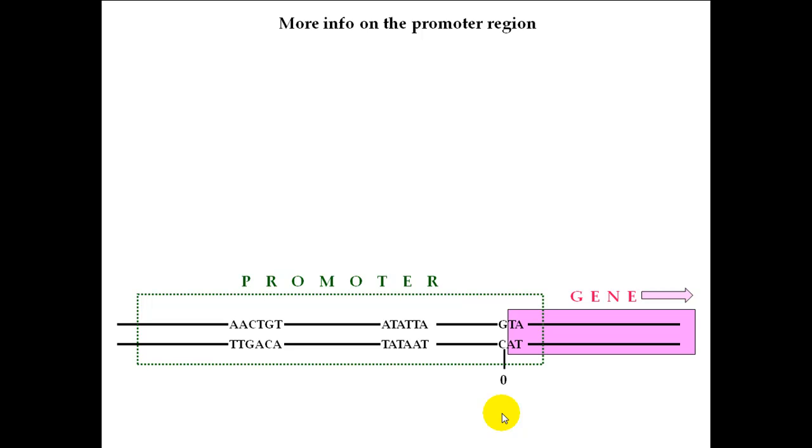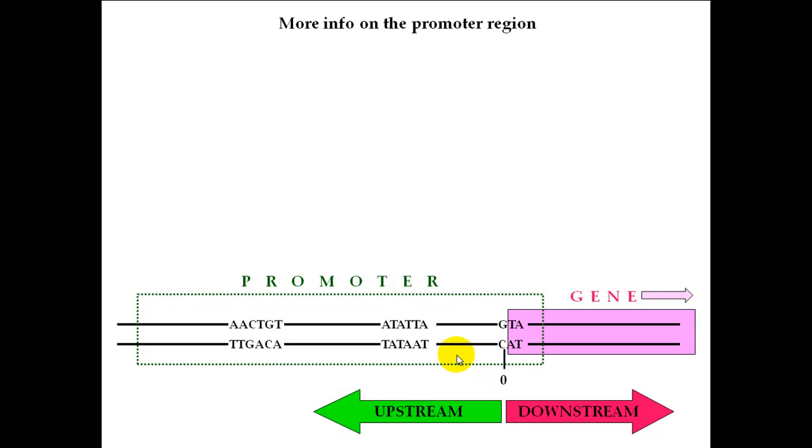Some terminology that's associated with this: everything on this side of nucleotide 0 is considered to be downstream. Everything on this side of nucleotide 0 is considered to be upstream, right? So the promoter is upstream of the gene that encodes for the actual protein.